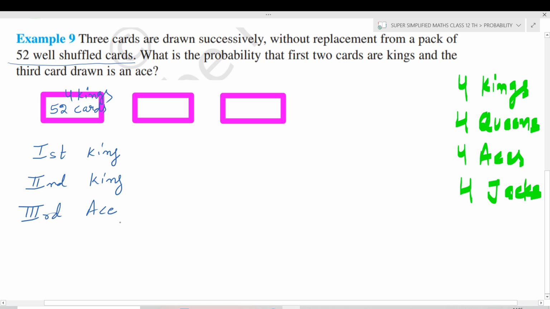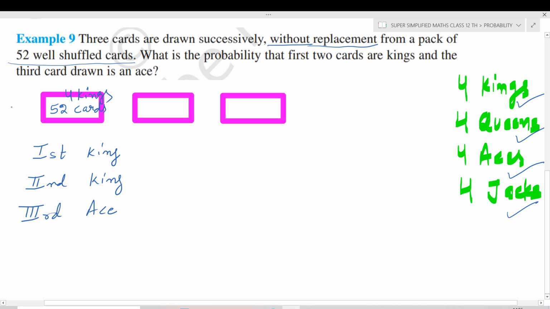As you know, in a well shuffled deck of 52 playing cards, there are 4 kings, 4 queens, 4 aces and 4 jacks. And we are taking out 3 cards successively. Without replacement means the card that we are taking out and seeing, we are not keeping it back in the deck of 52 cards.